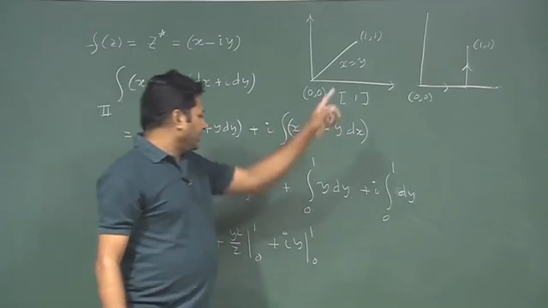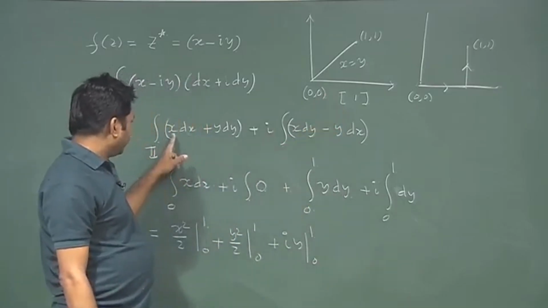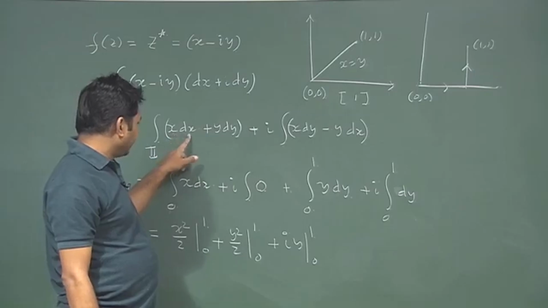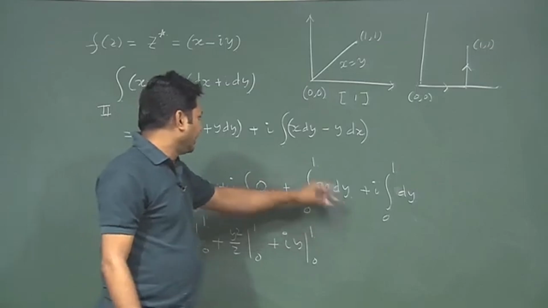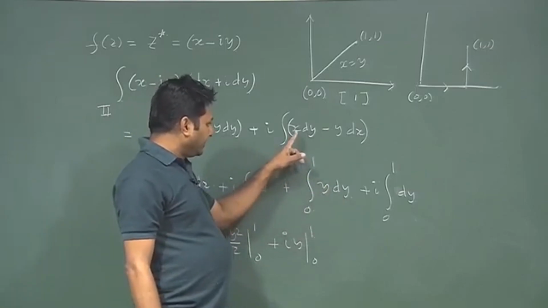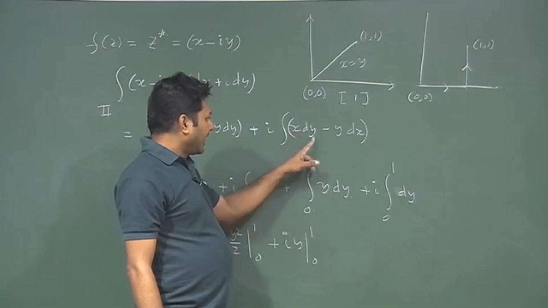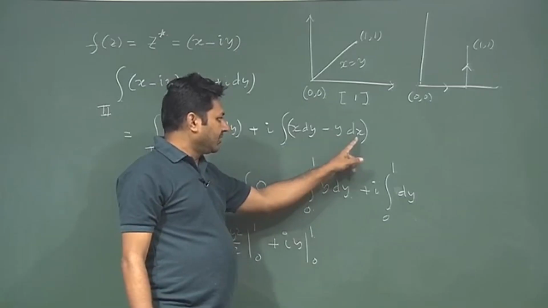In the next part, this portion has x dx. So, x is not changing, so this will not be there. So, we only have y dy, and for this part x is not changing, it is a fixed value, that is 1, and dy is changing. So, I should have this contribution, but dx is 0 because x is not changing.